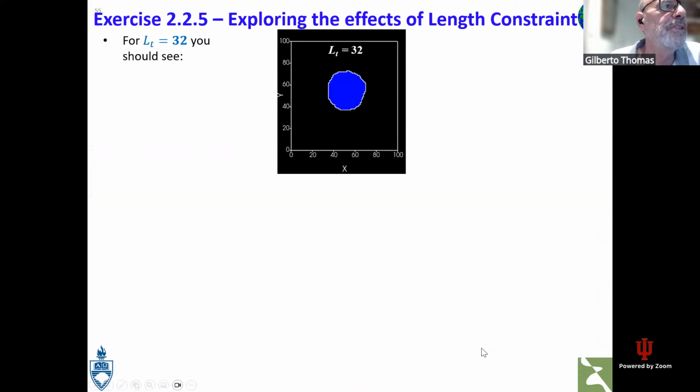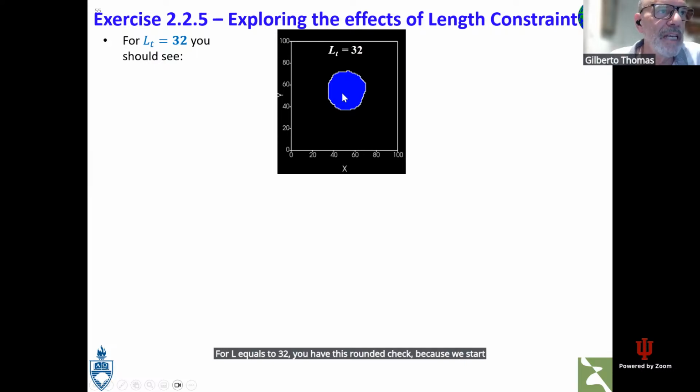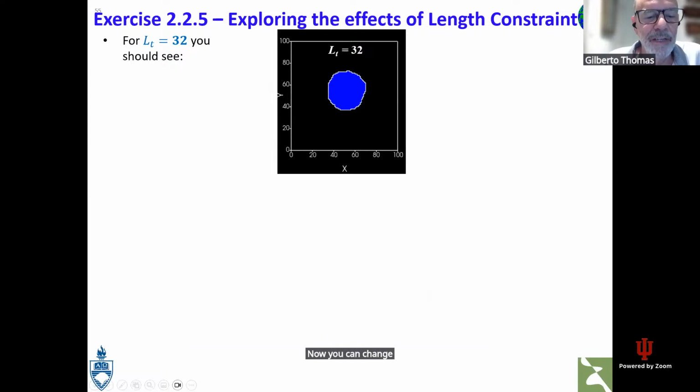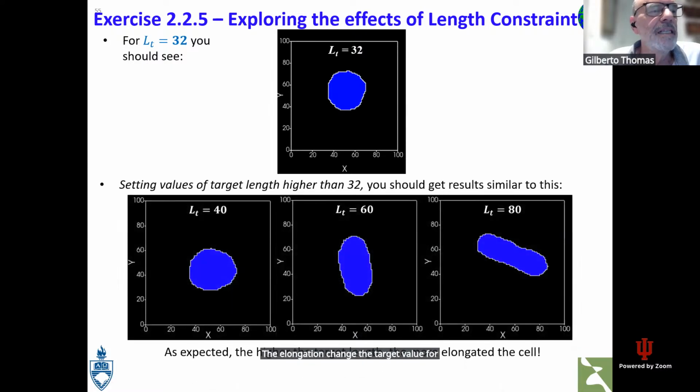For L equals 32, you have this rounded shape because we start with the assumption that 32 is the size of an elongated cell this way. Now you can change the elongation by changing the target value. For example, if you set it to 40, you elongate the cell a little bit.